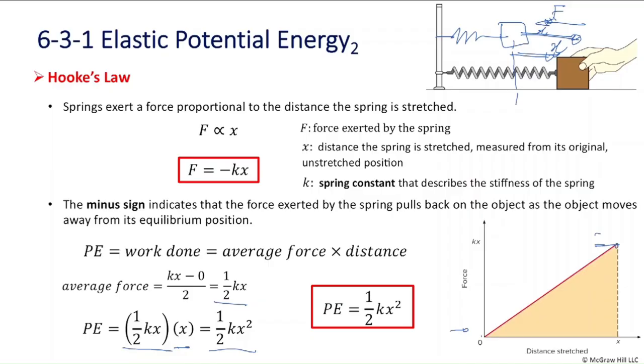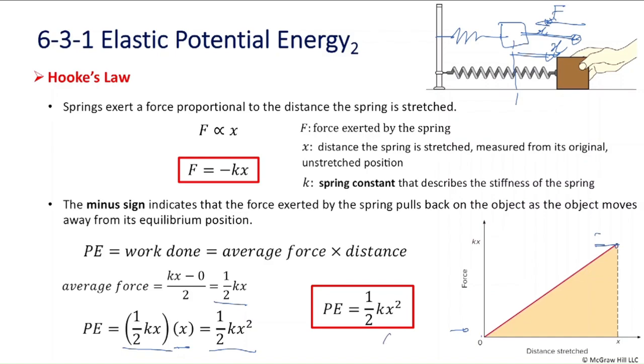So gravitational potential energy and elastic potential energy are two different types of energy. Gravitational potential energy is equal to mgh and elastic potential energy equals half kx squared. Notice the difference, okay? Now let's pause a moment and think. If we double the displacement, what happens to the elastic potential energy?